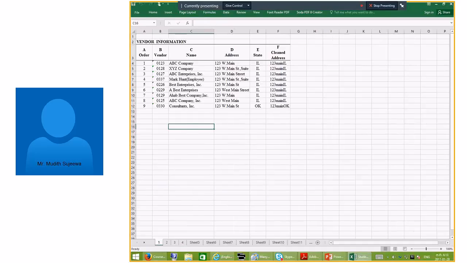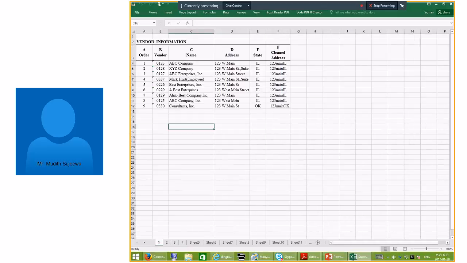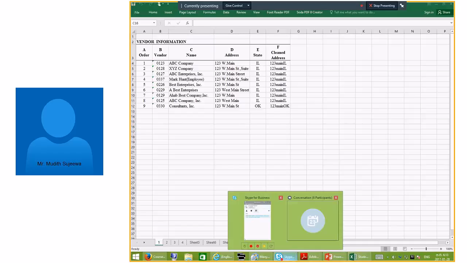So 1, 2, 3, 4, 4 practical examples are there. So please go through and tell me, do you find any frauds? Those who are online, please download this Excel file and see, do you find any frauds in these databases?